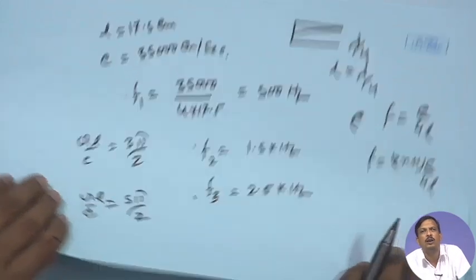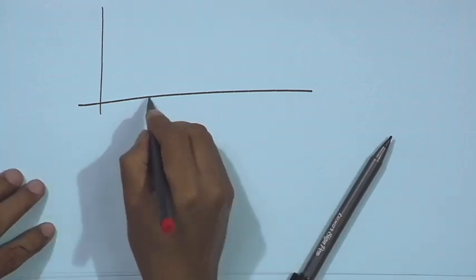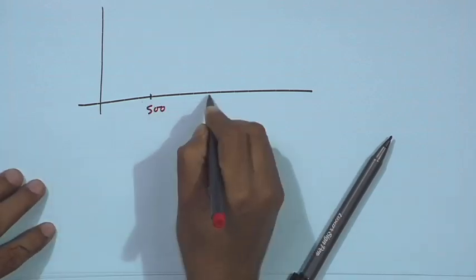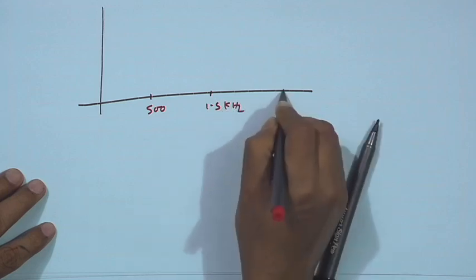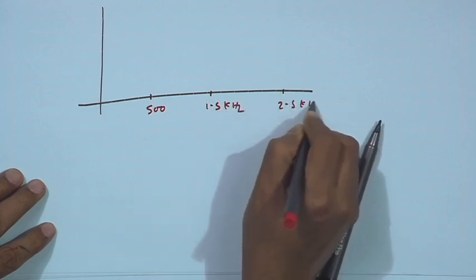Now, can I draw the frequency response of the uniform tube where there is no loss of any kind? So, if this is my frequency axis, this is 500 hertz, this is 1.5 kilohertz, this is 2.5 kilohertz.